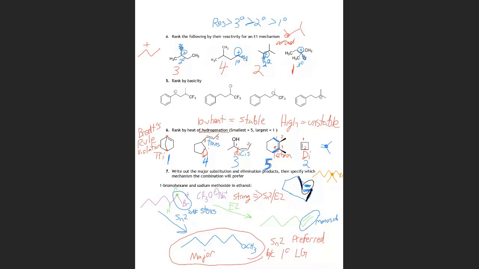Actually, it would not be E2, I'm sorry. This is a quaternary carbon, so it cannot do SN2. And because there's no hydrogen here, it can't do E2 either. So what actually has to happen is it would force it to go through SN1/E1. You would have this group leave first, have a rearrangement, and then you could do E1/SN1.